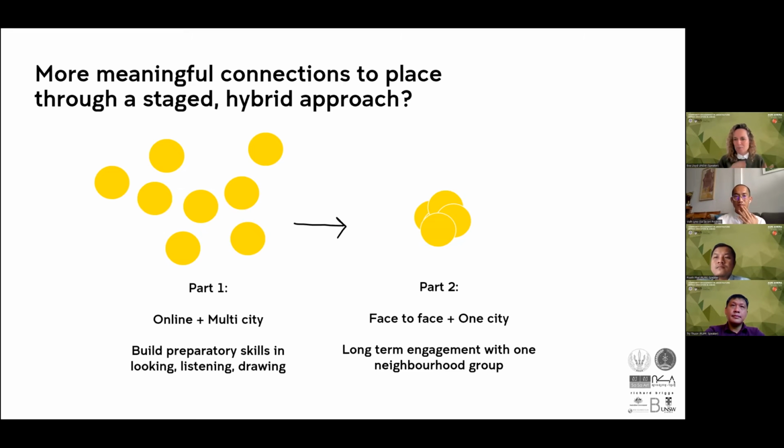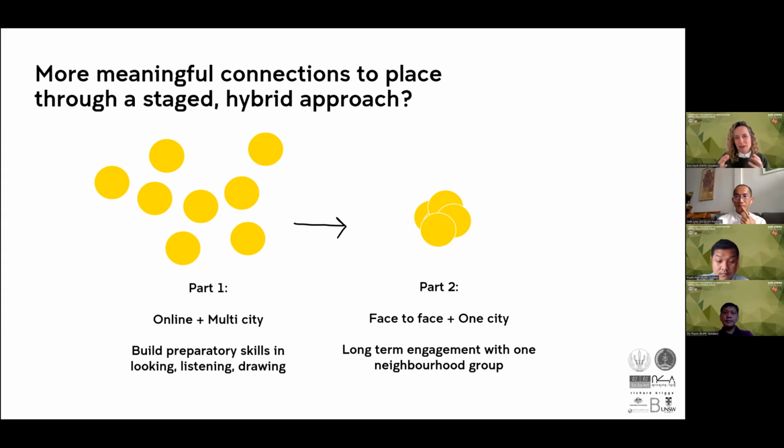If we go back to our goal of trying to shape meaningful, international, community-centered courses that are of mutual benefit, so that they benefit the students in building a way of seeing the world, as well as the skill sets we've talked about, and also benefit our neighbourhood partners, then we're thinking maybe we can hold on to some of the hybrid approach that we trialled this year.